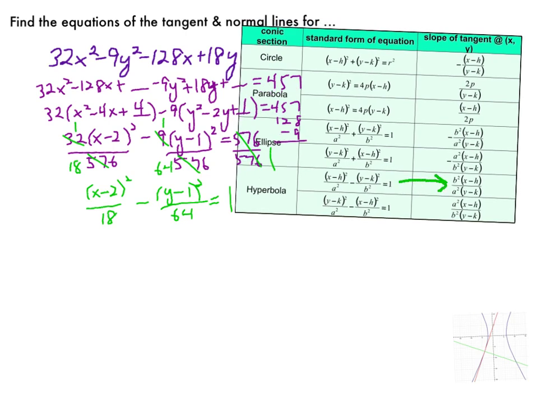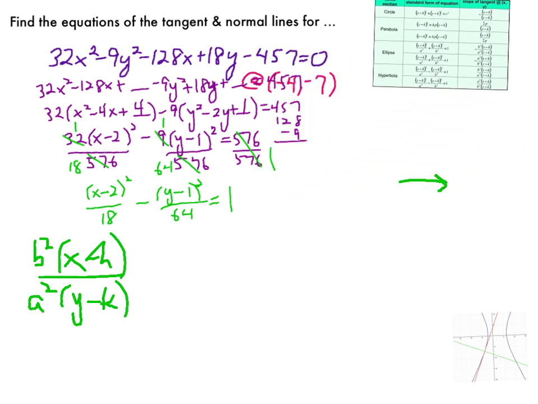We're going to use this slope formula right there. Let me write it down here. We have b squared x minus h, a squared, y minus k. Okay, so let's make that smaller, and let's figure out our slope value. Our b squared is 64, and our a squared is 18.